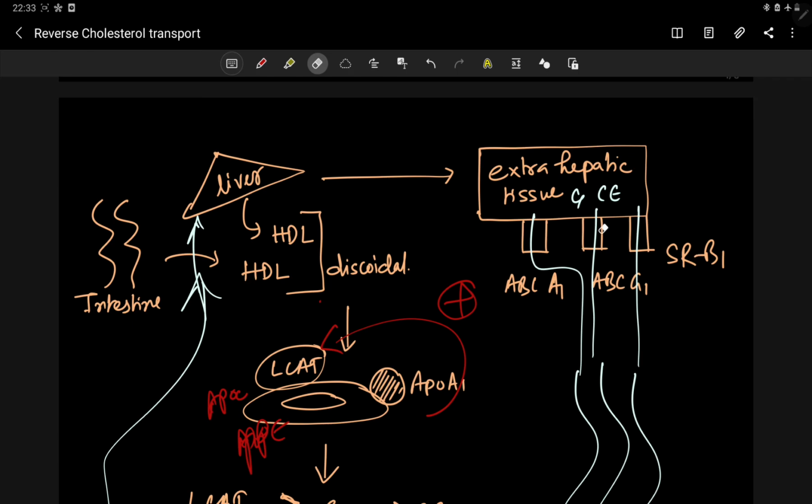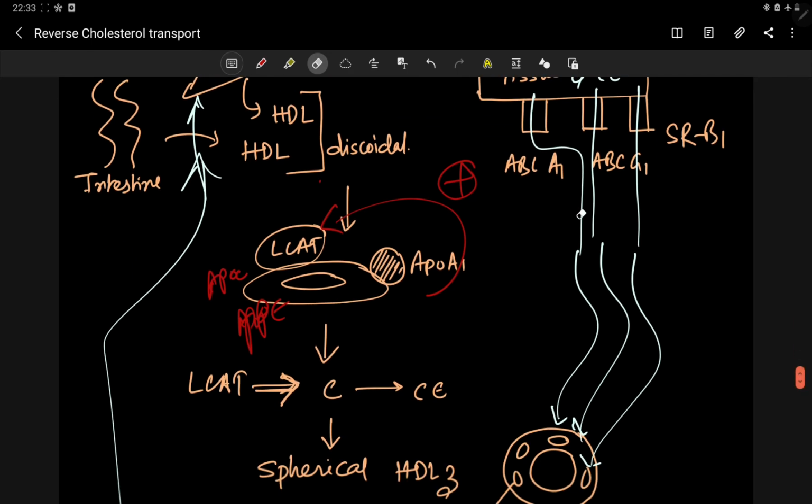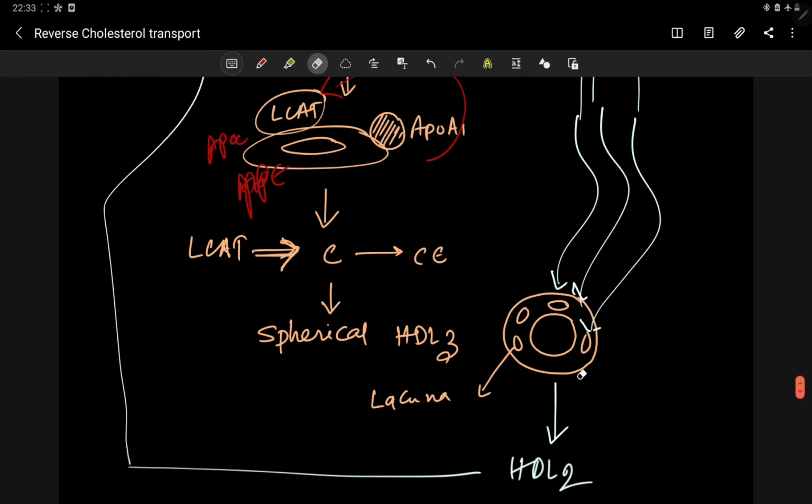These three are the transporters, and cholesterol now comes into the lacuna of this HDL3, and this cholesterol is converted into cholesterol ester with the help of LCAT, further increasing the bulk of the core.